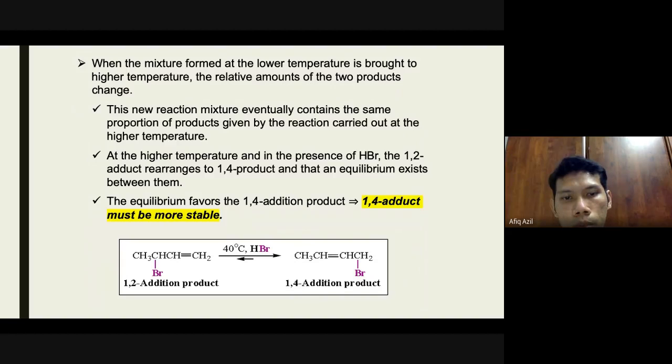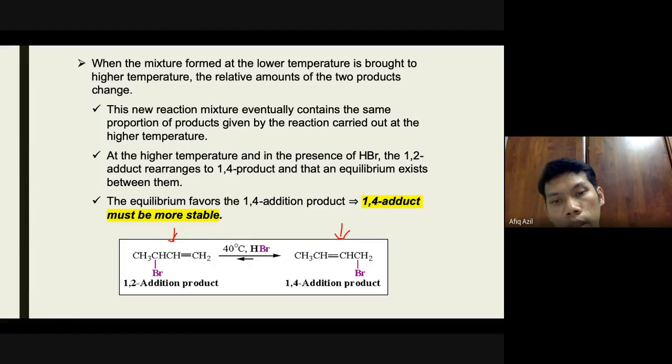The 1,4 adduct must be more stable. So find out why this 1,4 adduct is more stable than this one. You have learned this. Why is this structure more stable than this? Here, as you can see, the bigger arrow is pointing toward the 1,4 addition.